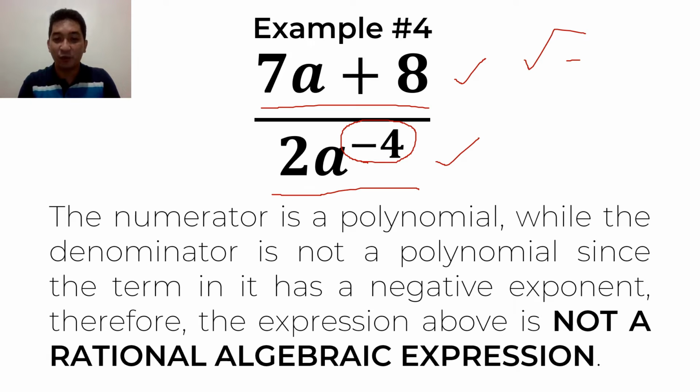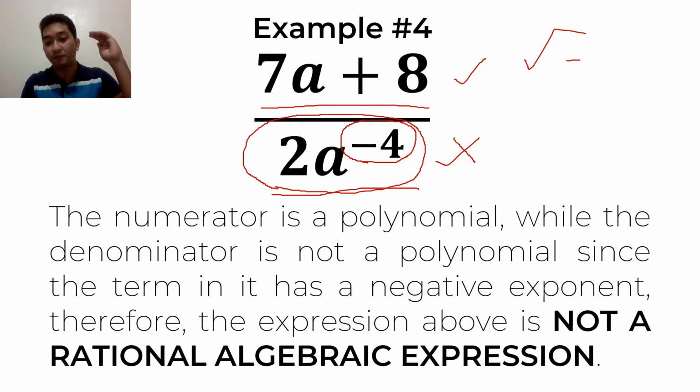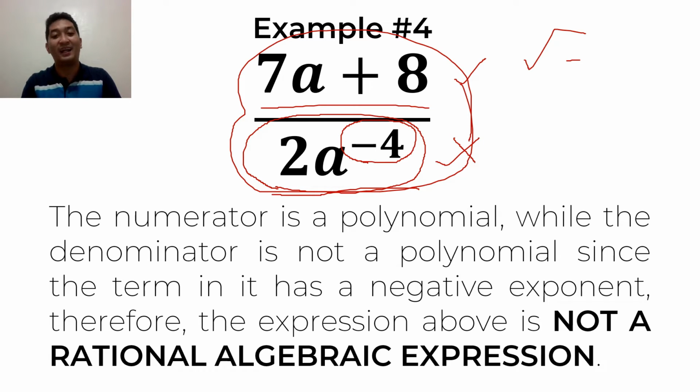So, yung negative 4 is a negative exponent, meaning the denominator or the expression in the denominator is not an algebraic expression. Meaning, it does not satisfy the definition that the rational algebraic expression must contain the numerator and the denominator with a polynomial. Meaning, this whole expression is not a rational algebraic expression.